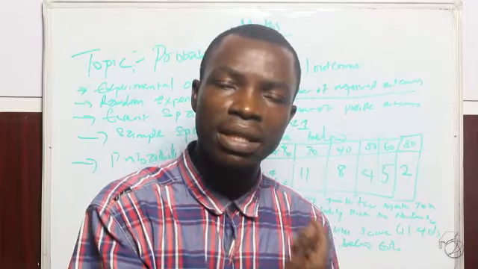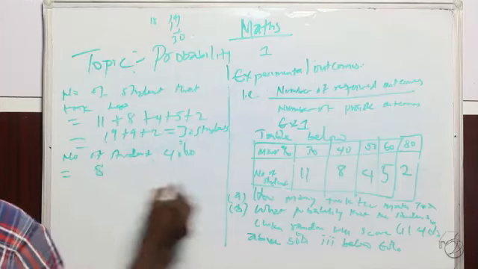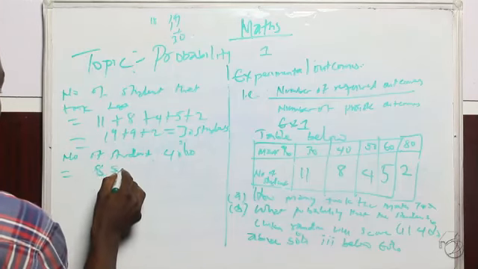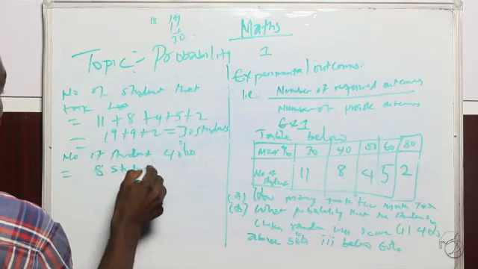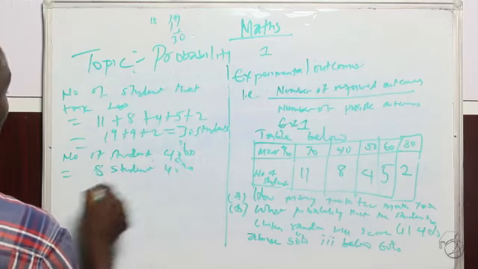Then what is the probability that the student choosing at random will score 40%? Number of students that will score 40% is equal to, that is, we have 8, which means 8 students score 40%.